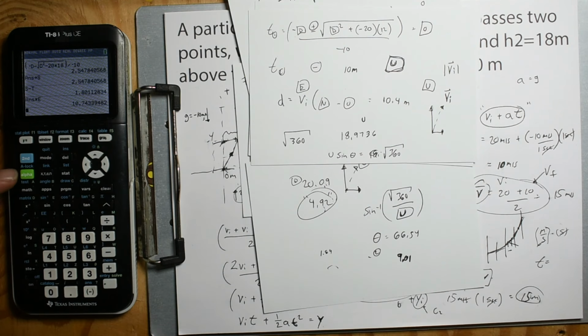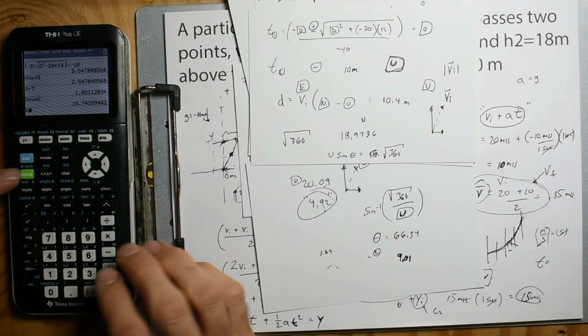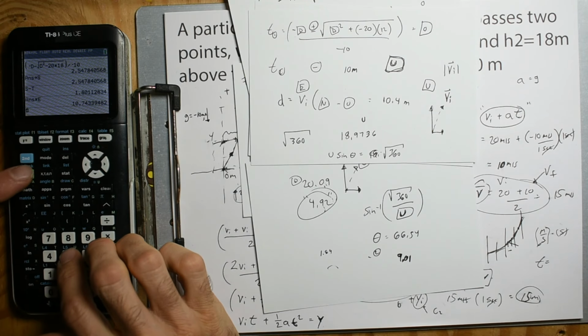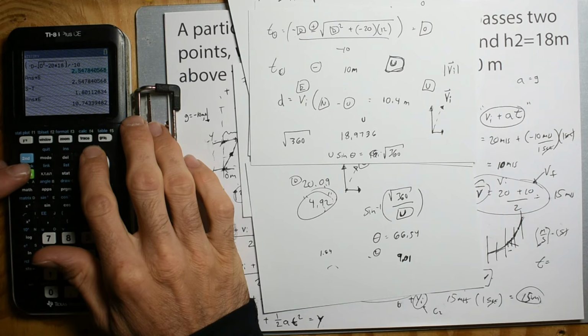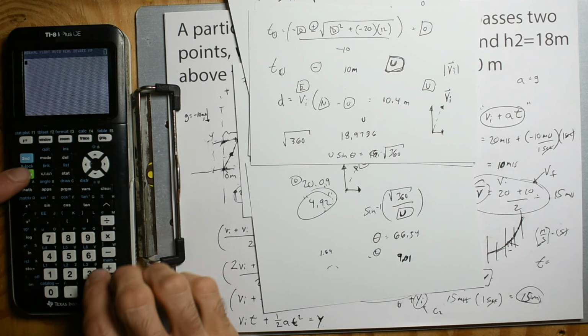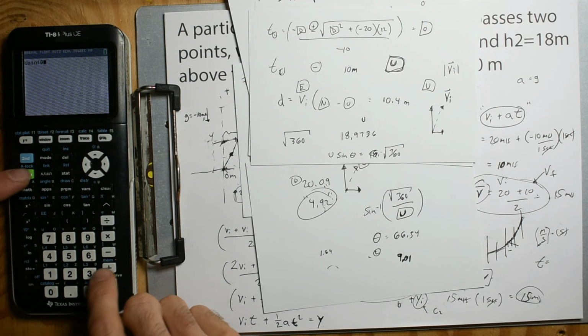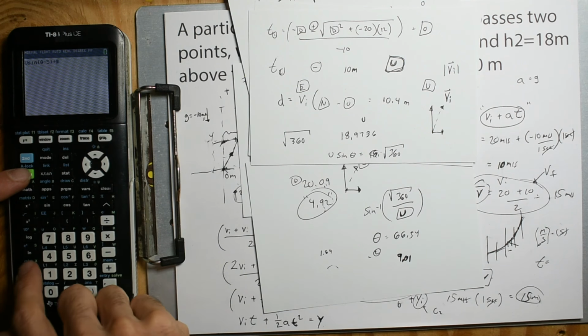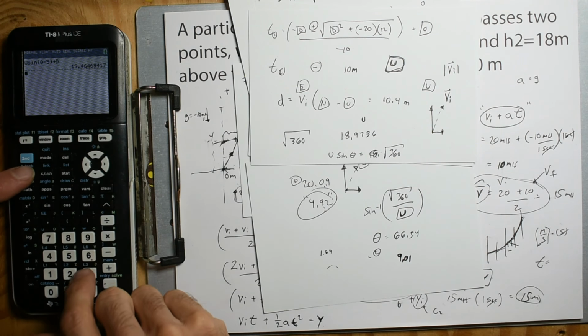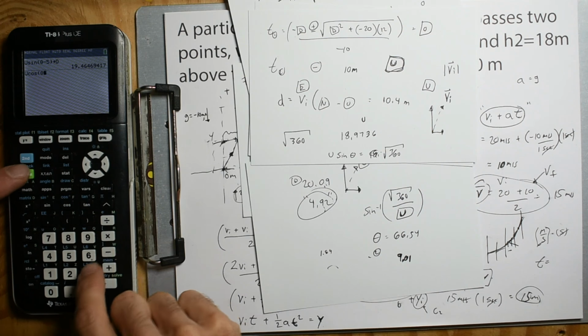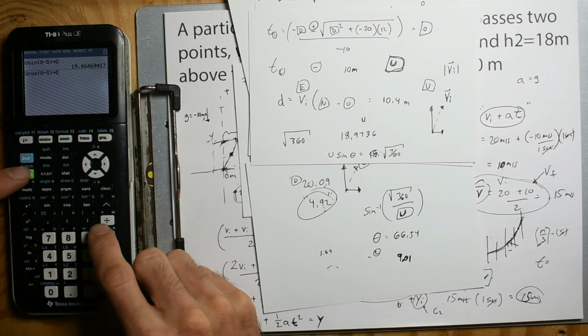Okay, so because we have this process, why not just keep going? So I'm going to go alpha u sine theta minus 5, stored as alpha d. Alpha u cosine theta minus 5, stored as alpha e.